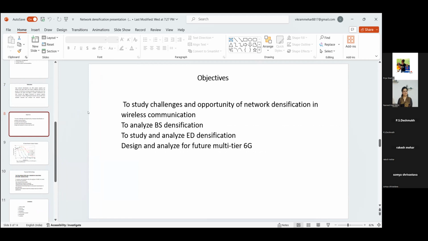A base station is a fixed transceiver that is the main communication point for one or more wireless mobile client devices. We also study and analyze ED densification, where ED means devices such as mobile, laptop, system, etc.